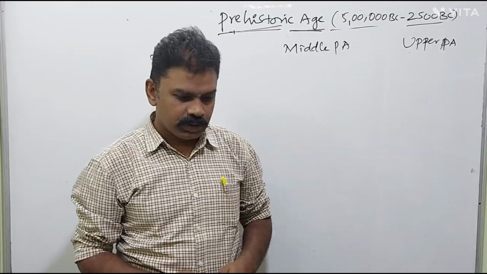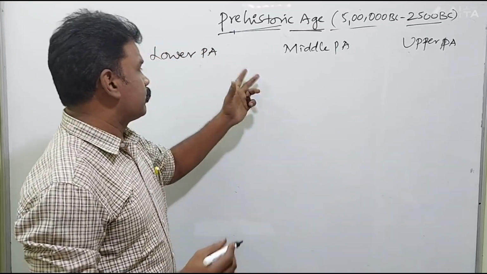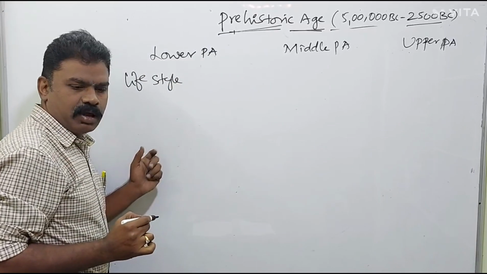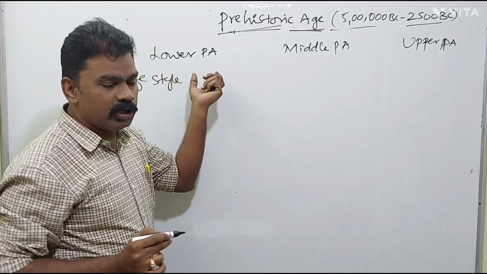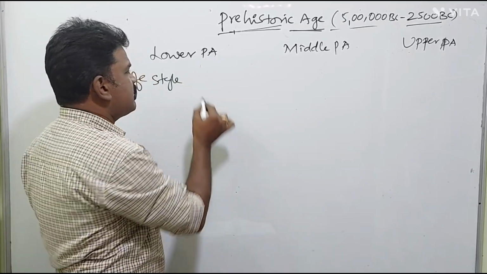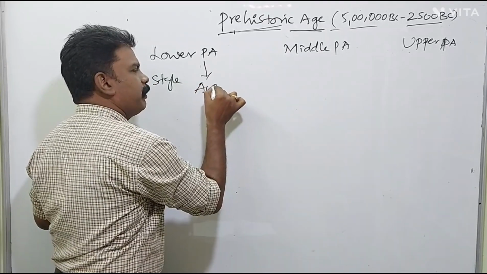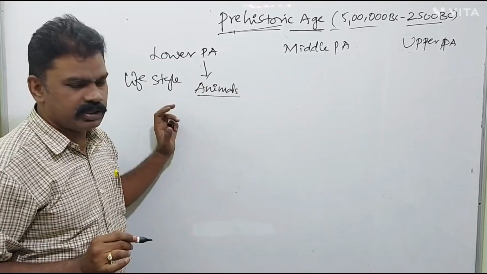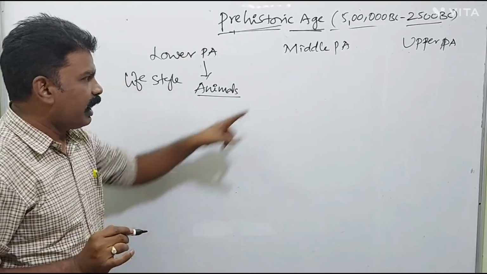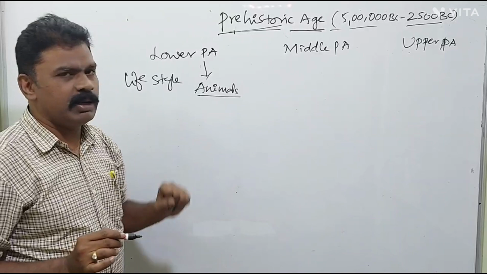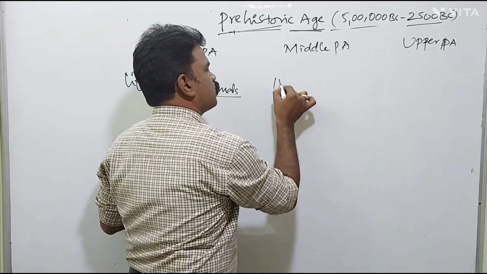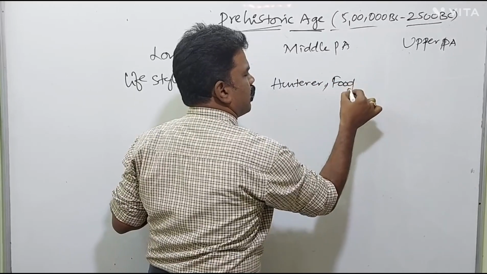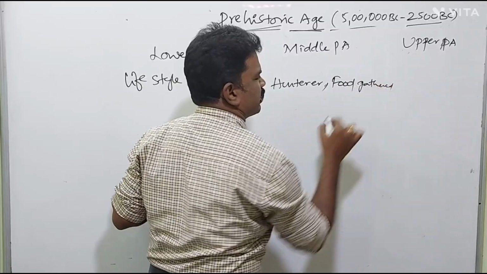After the tools, next is the lifestyle of this period. In the lower Paleolithic age, people were similar to animals. They behaved like animals; whatever animals did, they did the same. In the middle Paleolithic age, the lifestyle converted into a hunter and food gatherer society.